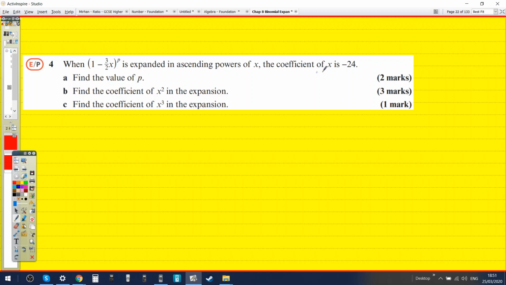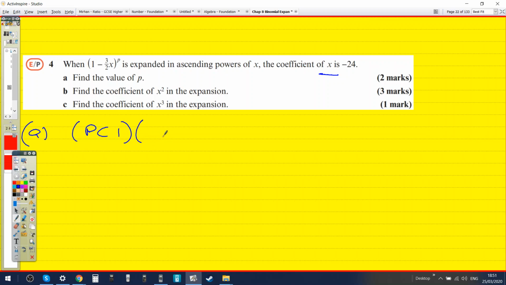For the coefficient of x, what would be the brackets for that? So it's the right hand side, so that means that it starts with the power of 0 and it goes up. And we want it to be the power of 1. So p choose 1.